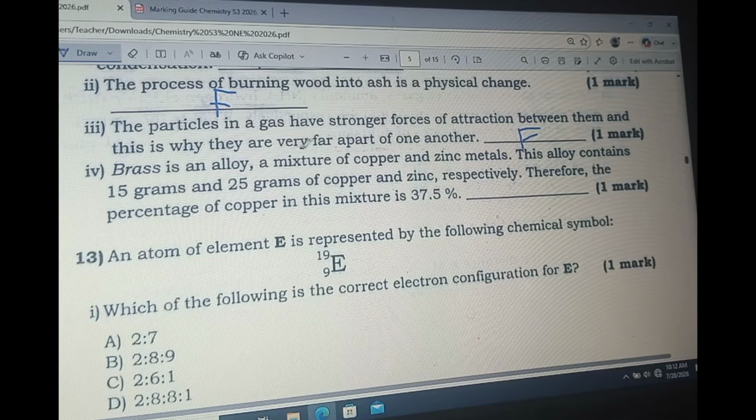That is why they are very far apart from one another. IV. Brass is an alloy, a mixture of copper and zinc metals. This alloy contains 15 grams and 25 grams of copper and zinc, respectively. Therefore, the percentage of copper in this mixture is 37.5%. That is true.